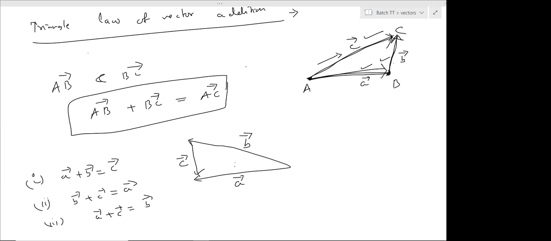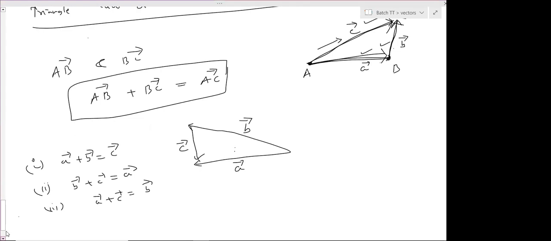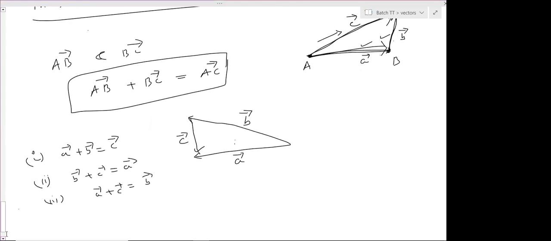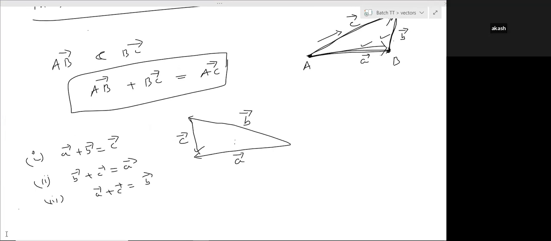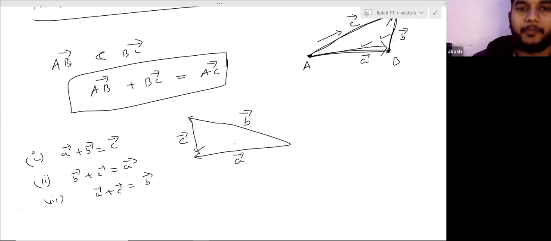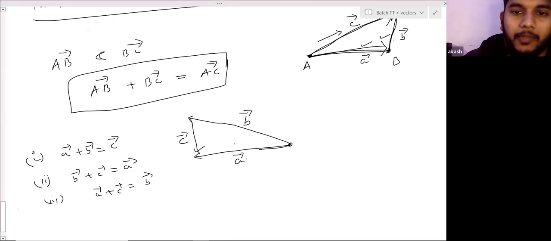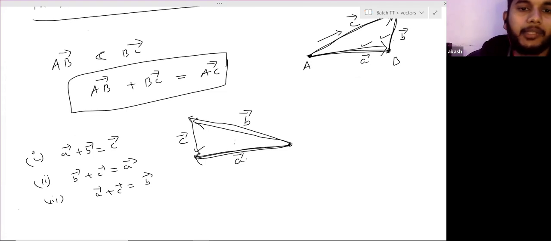Ryan, Fawaz, please check again. No, guys, I don't think you understood this. Let me explain again. See, in these vectors, A vector is moving in this direction, B is moving in this direction. So if I move from A like this, then I can see C is in the opposite direction.